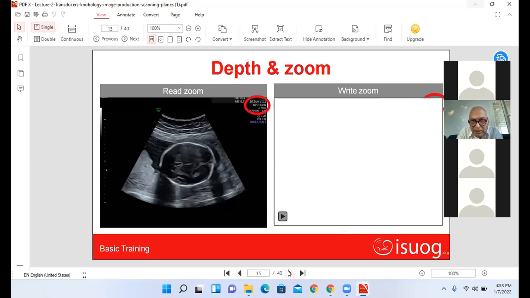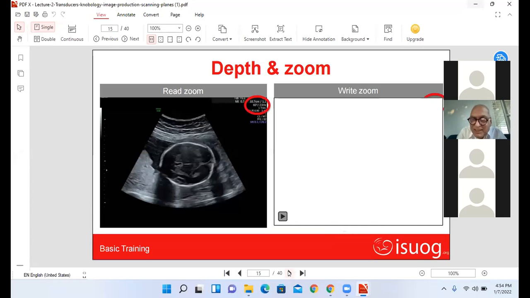So our zoom quality will be much better, because we have not compromised on the line density of the transducer. On the contrary, we have put more pixels in that area, so the image resolution is very good. So always write zoom is the right zoom. That is the one which we have to use.